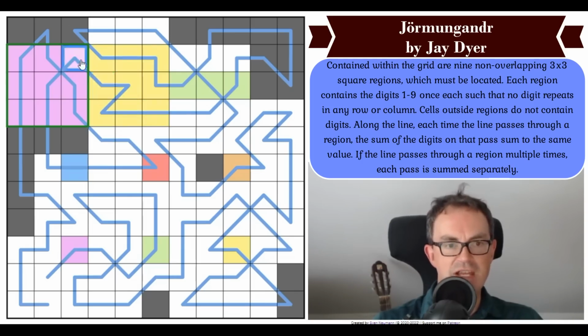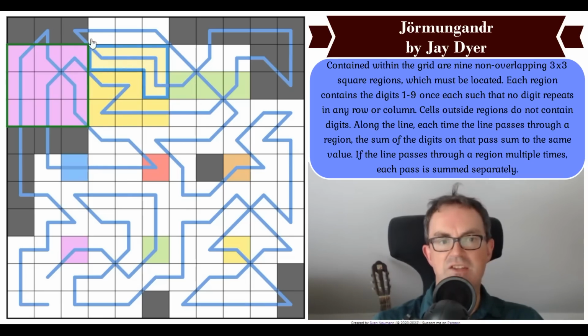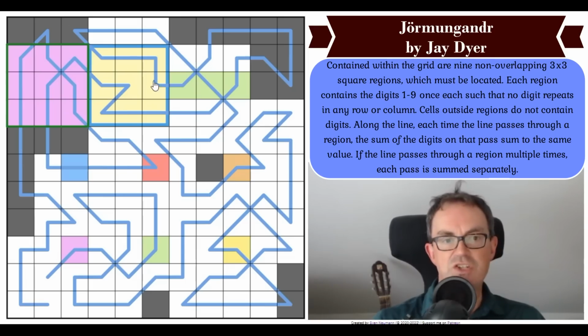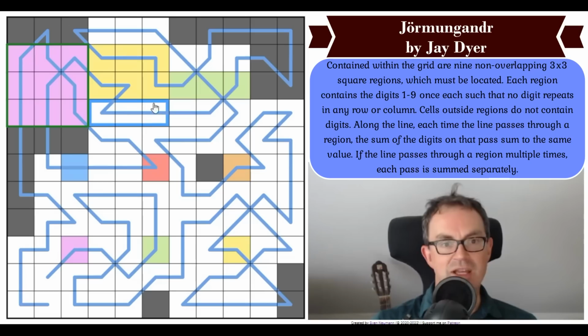The line enters here and picks up 5 cells, exits, and then it comes back in here and picks up 4 cells and exits. So all 9 digits in this are picked up by the line here, but it's only entered and exited twice. So these digits should therefore add up to 30, but we know they would add up to 45 because they'd be all the numbers from 1 to 9. That won't work either. So that's not right. So that means this is not in, which means this is in.